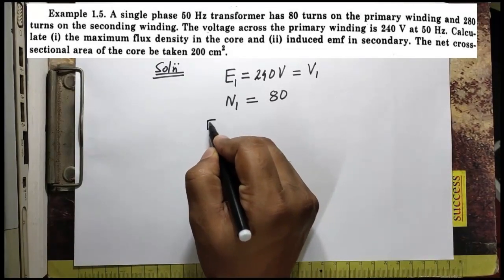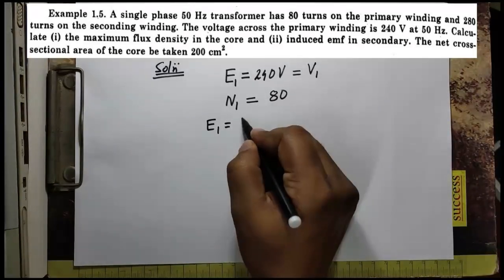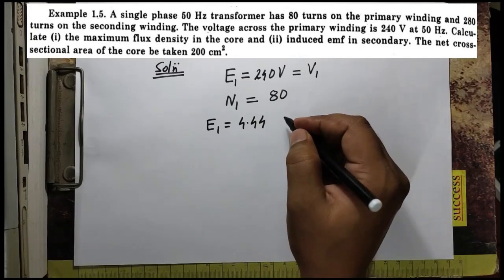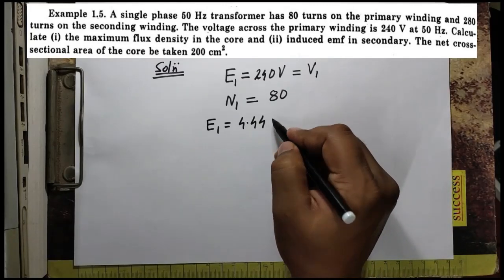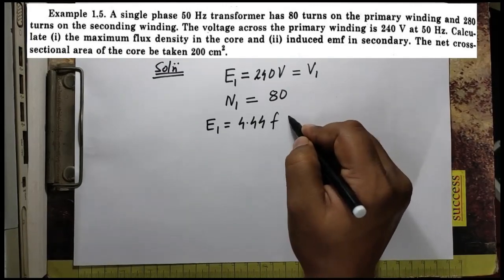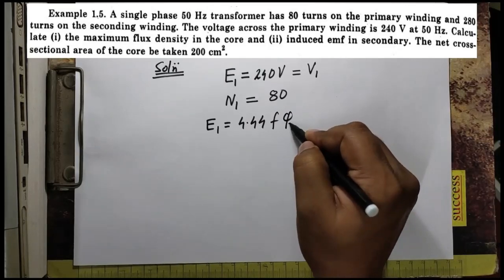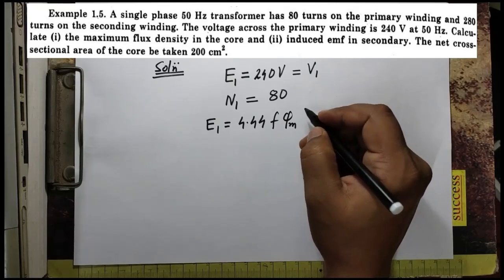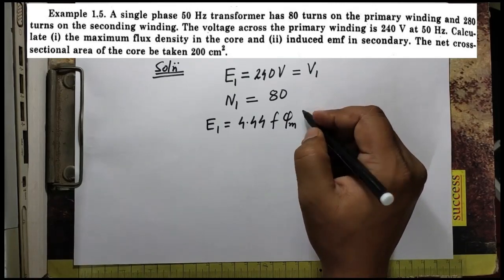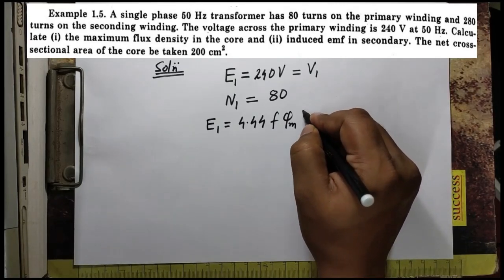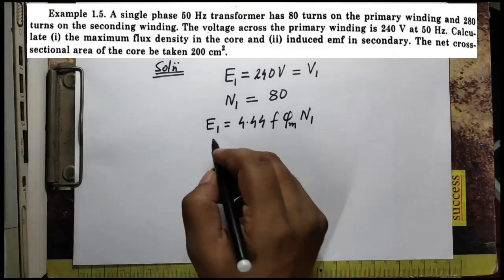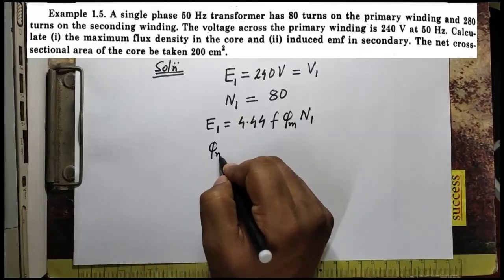E1 is equal to 4.44 F phi m N1, where phi m is the maximum flux. So from here we can find this maximum flux, phi m.